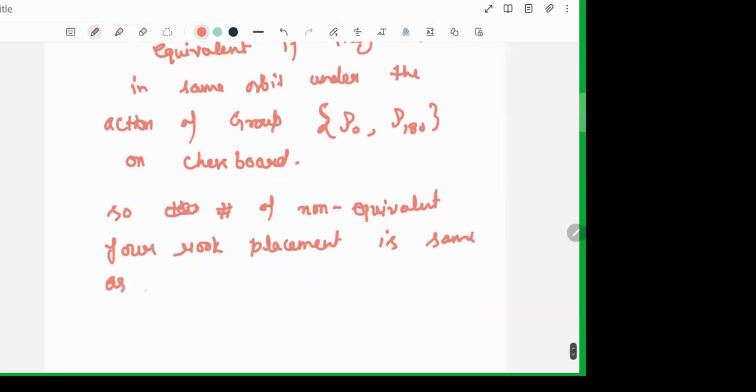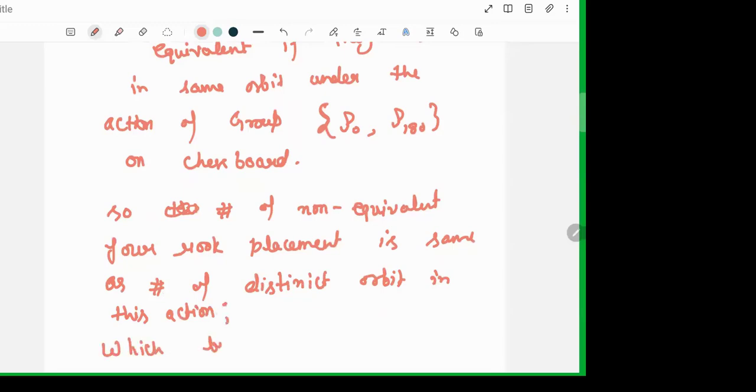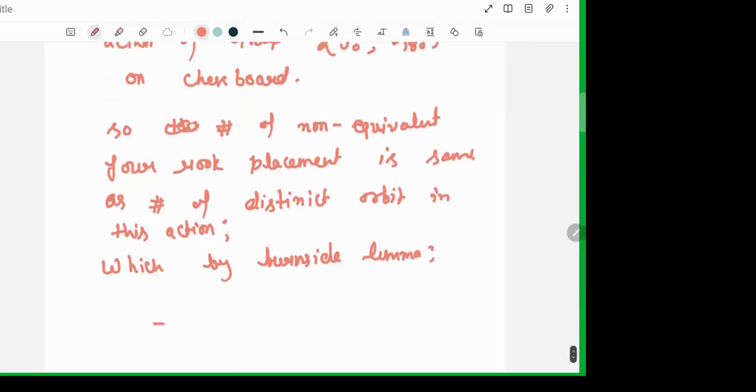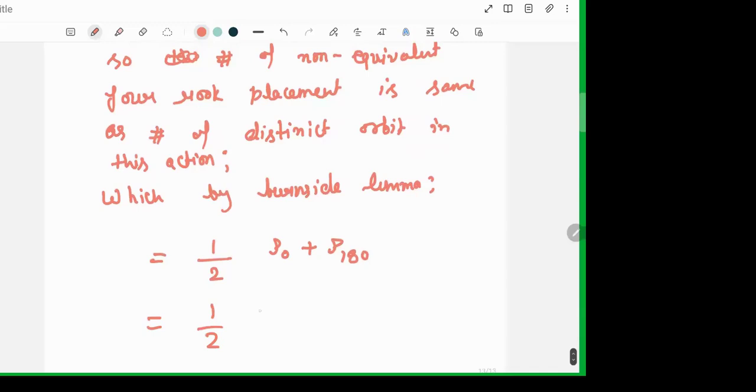The number of distinct orbits in this action, by Burnside's lemma, equals 1 by 2 times the cardinality of the group, which is 2, times rho 0 plus rho 180, which equals 1 by 2 times 4 factorial plus 8, which is 24 plus 8, 32, divided by 2, 16.